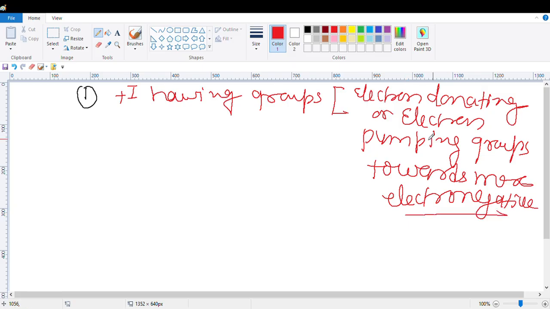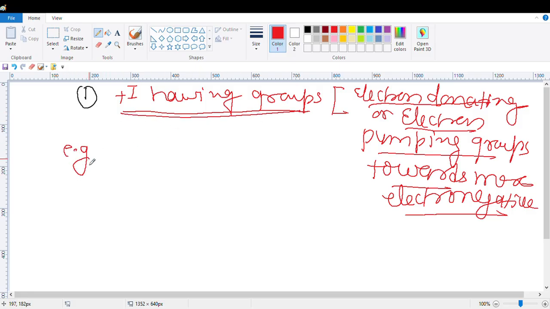So they donate the shared pair of electrons towards the more electronegative atom. That is why they are called plus I having groups, and they are alkyl groups.